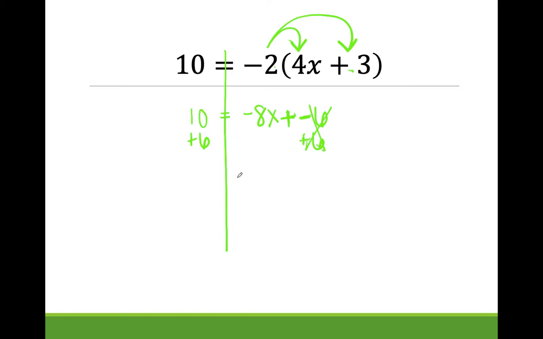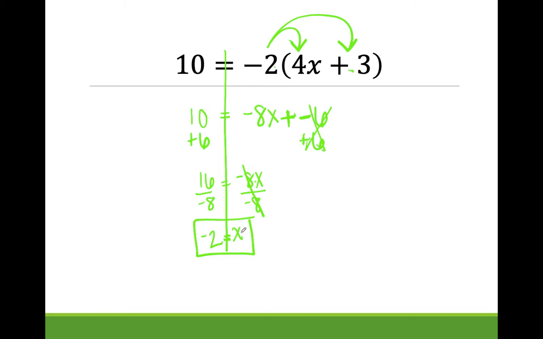So over here we have negative 8x left, and 16 is 10 plus 6. And then our last step is we want to get x by itself, so we need to divide by negative 8. Negative 8 divided by negative 8 is 1x, or just x. And 16 divided by 8 is negative 2. So our final answer there is x equals negative 2.